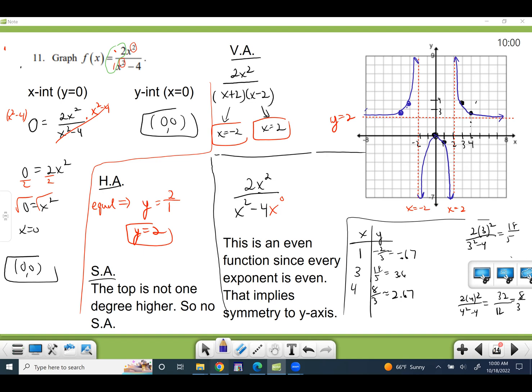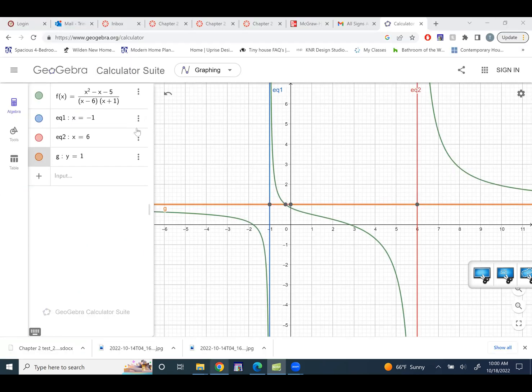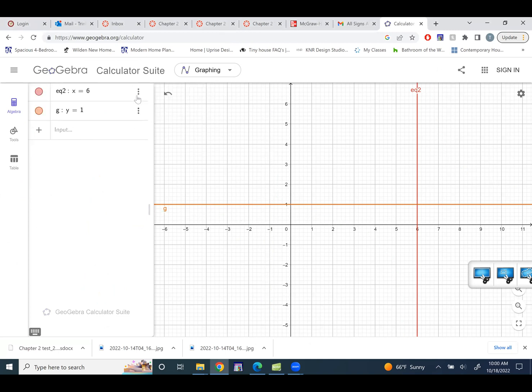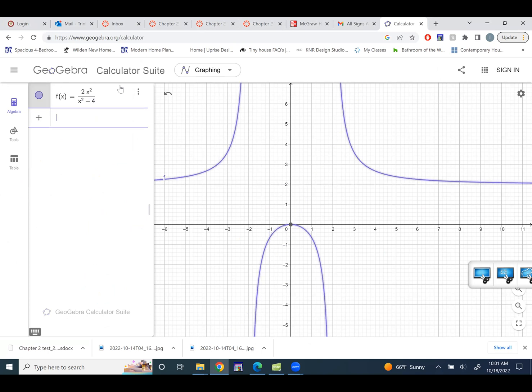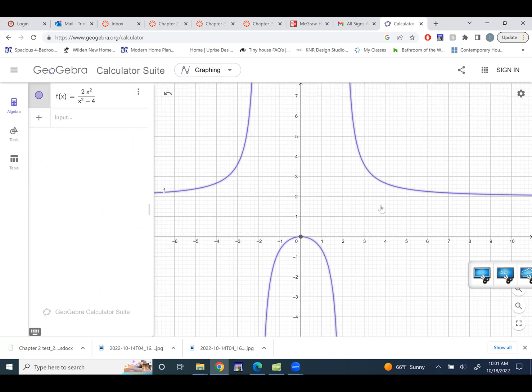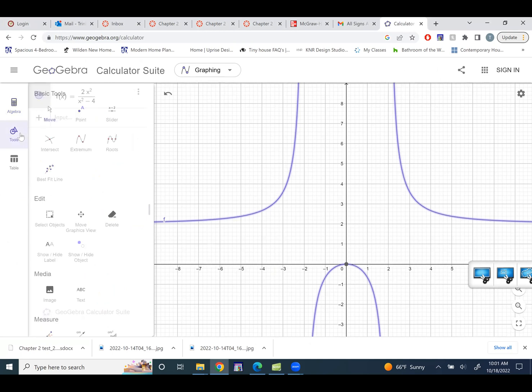Let's see how we did, because last time I did mess it up. So let's go see what's going on here. All right, 2x to the second divided by, I think it was x to the second minus 4. Okay, oh my goodness, we did such a good job, you guys.